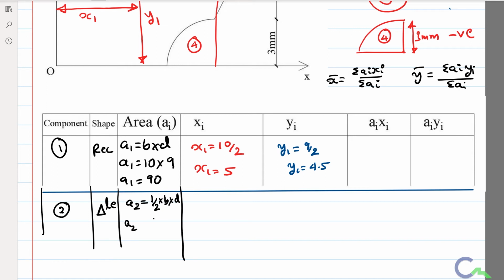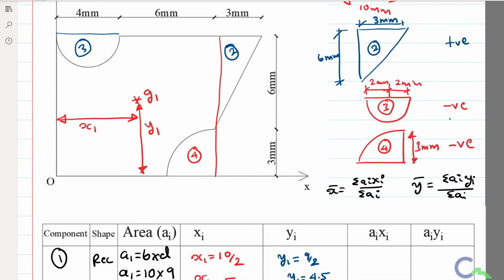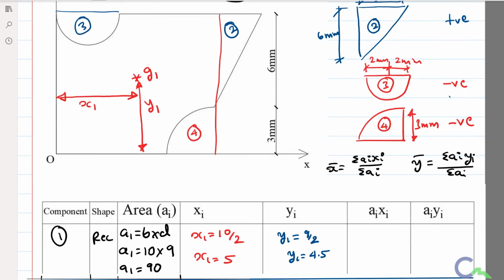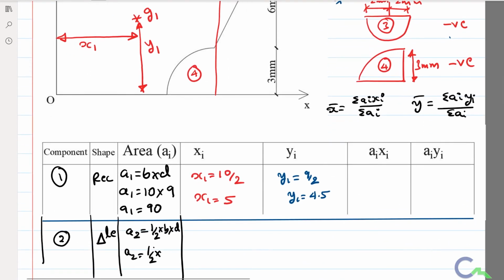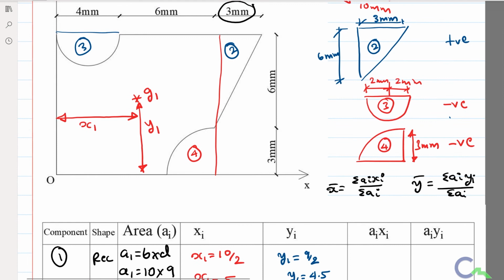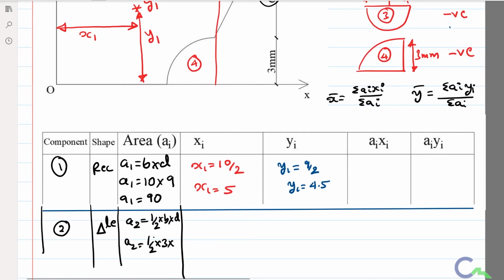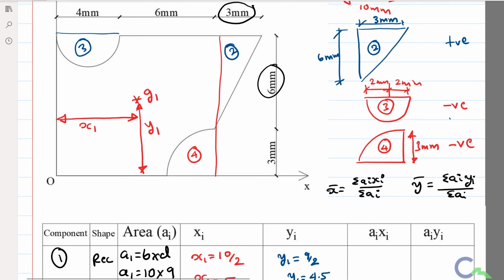Then A2 is equal to half into base of the triangle, that is this distance, that is 3 mm, and height of the triangle, that is 6 mm. So therefore A2 we will get 9 mm square.